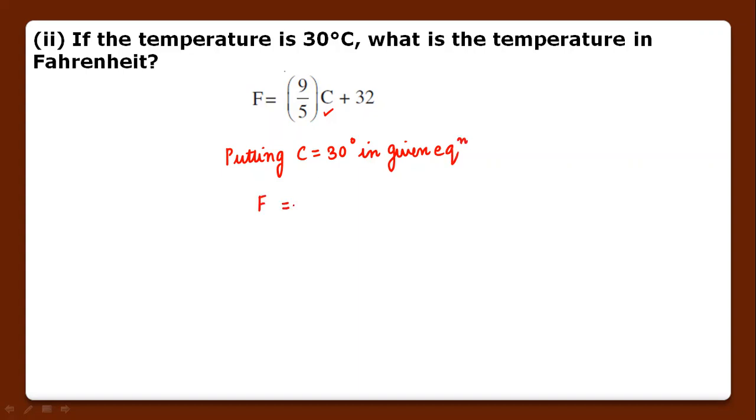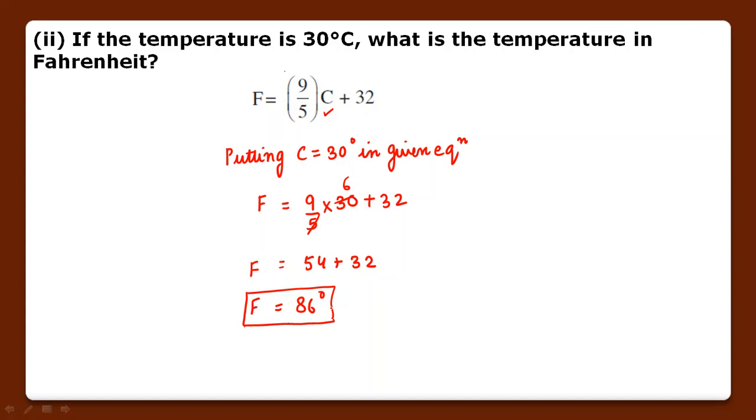So F equals 9 upon 5 into 30 plus 32. It will be cut by 6. 9 6s are 54, plus 32. So F equals 54 plus 32, that is 86 degrees. So the temperature is 86 degrees Fahrenheit.